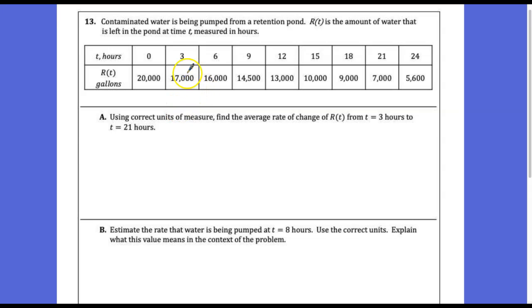And so, given our table of information, what we're talking about is the average rate of change of R on the interval from 3 to 21.